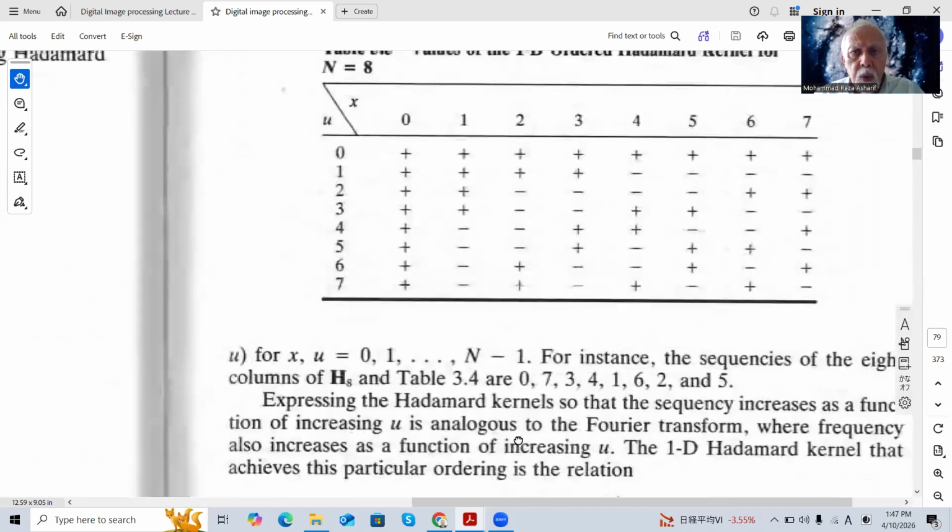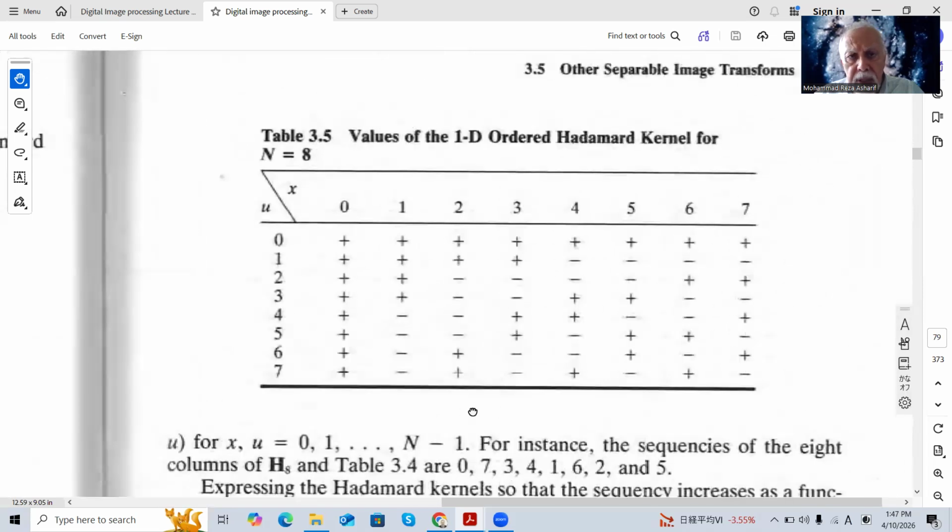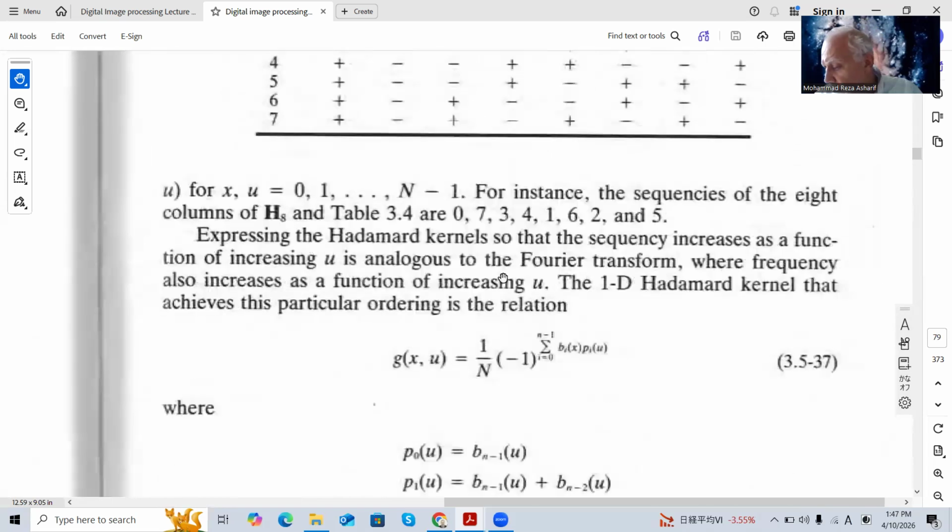So if you want the ordered Hadamard, which has the highest frequency last, I will tell you this. For the ordered Hadamard transform, instead of b_i(x) b_i(u), we put b_i(x) p_i(u).